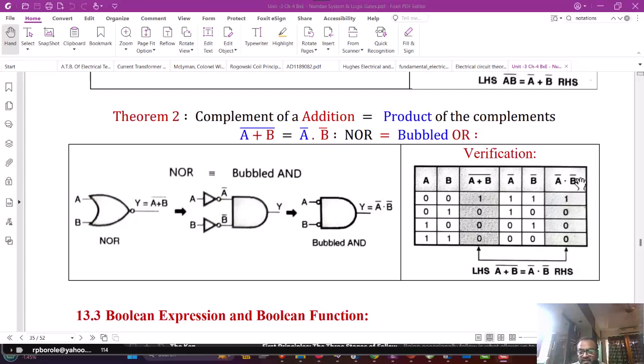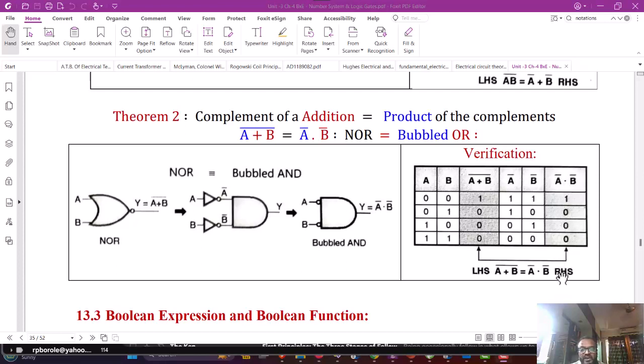And we will see here for the input combinations 0,0, 0,1, 1,0 and 1,1, the third column, that is the complement of OR operation, (A or B) complement, and the column A complement and B complement, that is the product of the complements, these two columns are exactly the same.